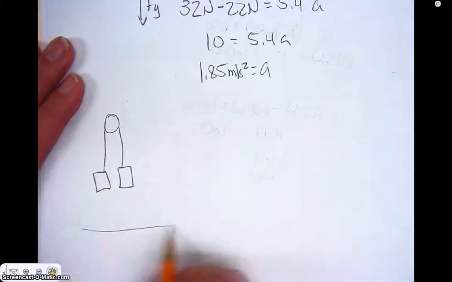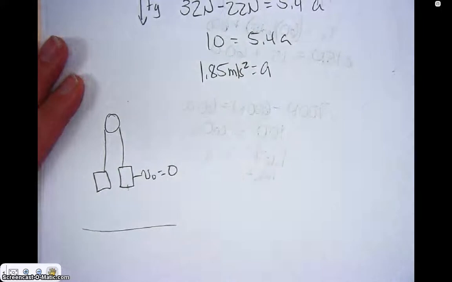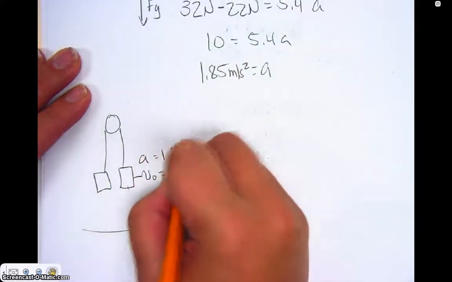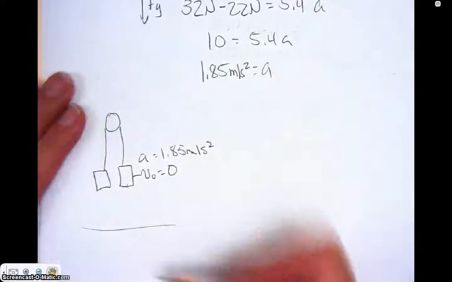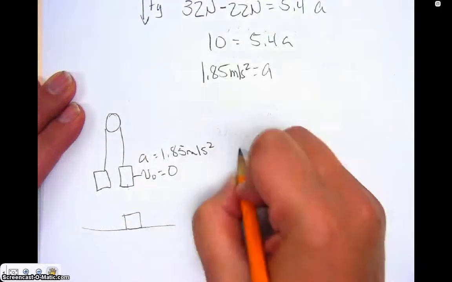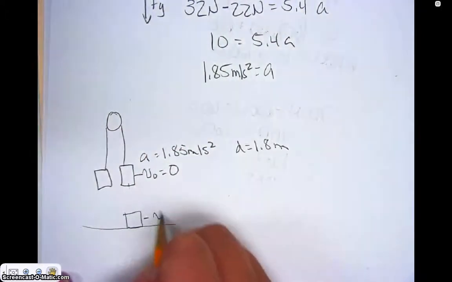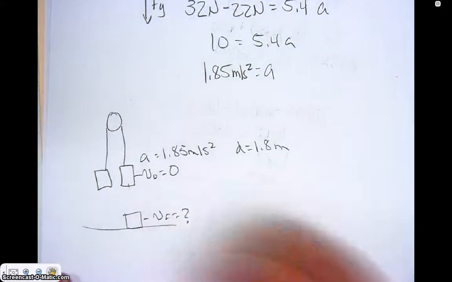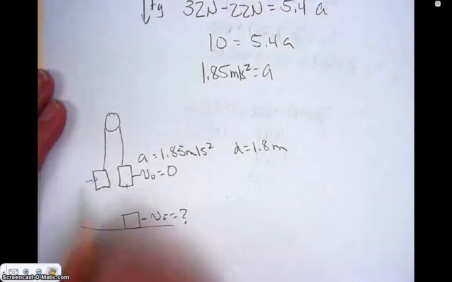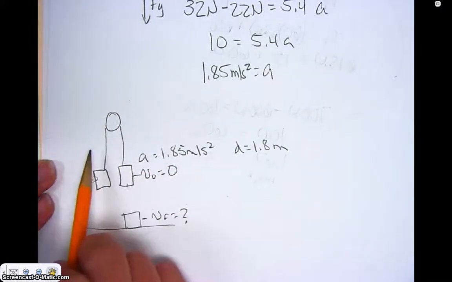We have an acceleration of 1.85 meters per second squared, and we're trying to find its final velocity after it drops 1.8 meters, so the displacement is 1.8 meters. If we find its final velocity, then we know this one's final velocity once it is raised up 1.8 meters.